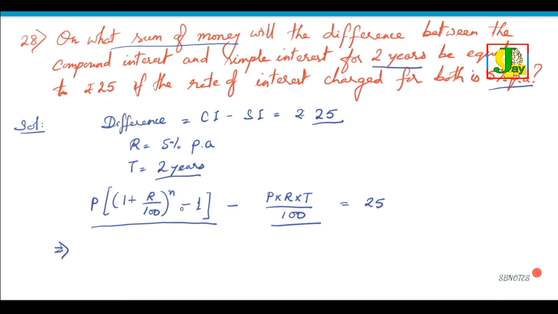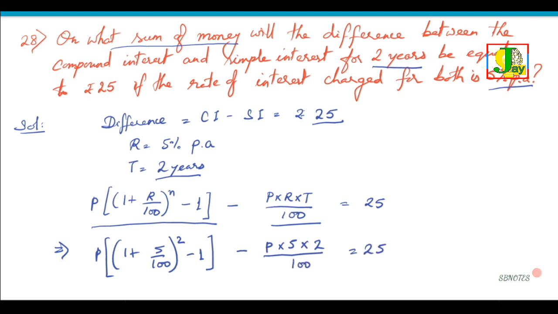So this is the compound interest formula. Put the values. We have to find P, so P into 1 plus r, which is 5 by 100, whole power 2 minus 1, minus again P into 5 into, in simple interest we will take time as 2 years, by 100 equals 25.